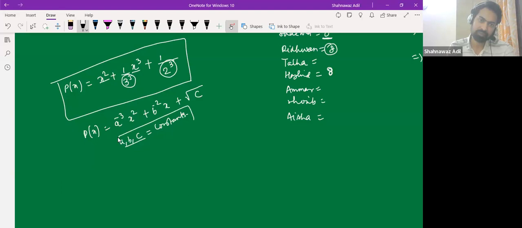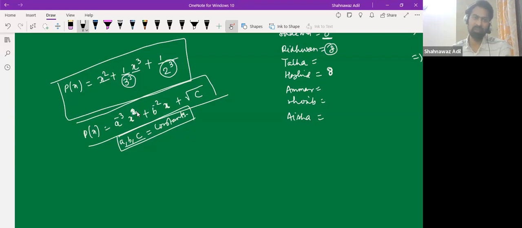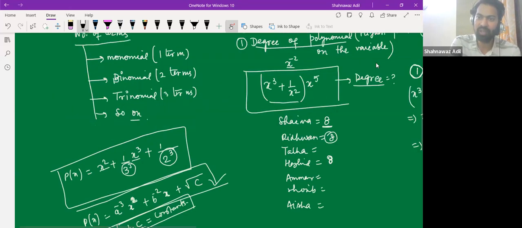Then this is a polynomial, because on the variable there is a positive integer power. So this was the criteria that it should fulfill.